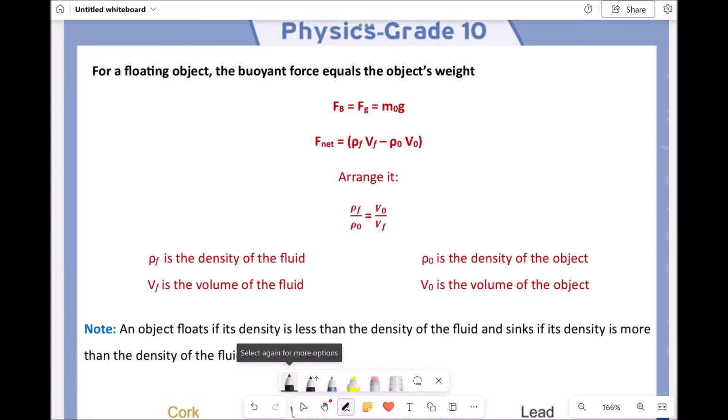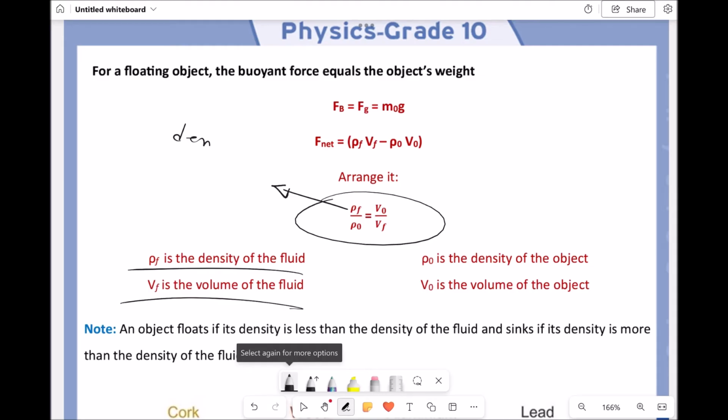For a floating object, guys, the buoyant force equals the weight of the object. So you have this one, where rho F is the density of the fluid, Vf is the volume of the fluid, and rho naught is the density of the object.